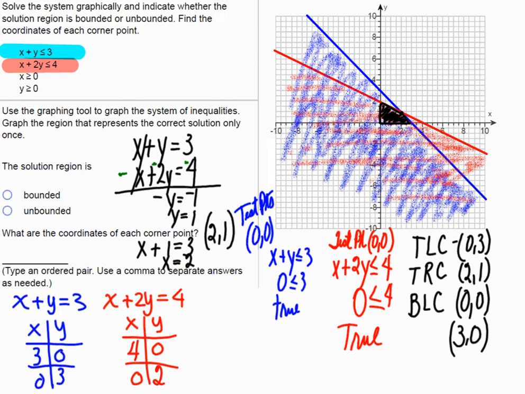The top left corner is 0, 2, so I need to erase this and make a correction there. So let's redo that. 0, 2. So we are bound. Let's see what else it asks us. What are the coordinates of each corner? We have those here.